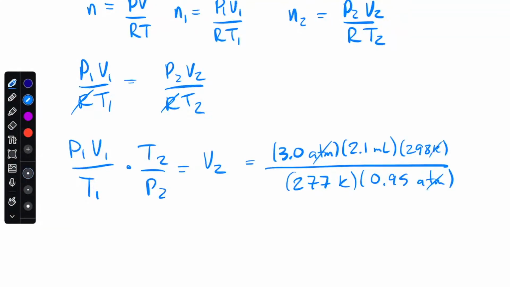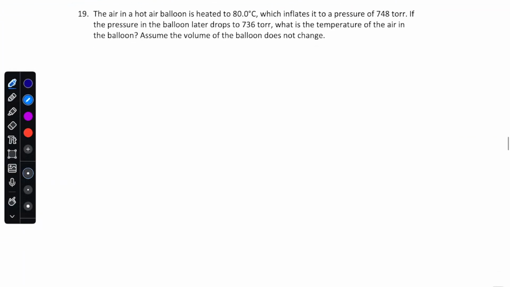Atmospheres cancel. Kelvins cancel. And we get 7.1 milliliters as our answer. Great. On to 19.